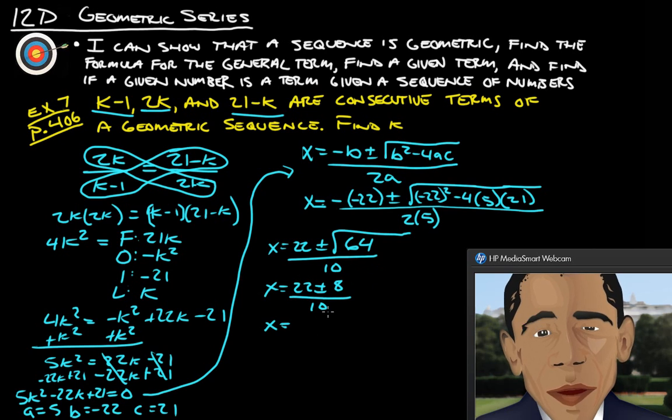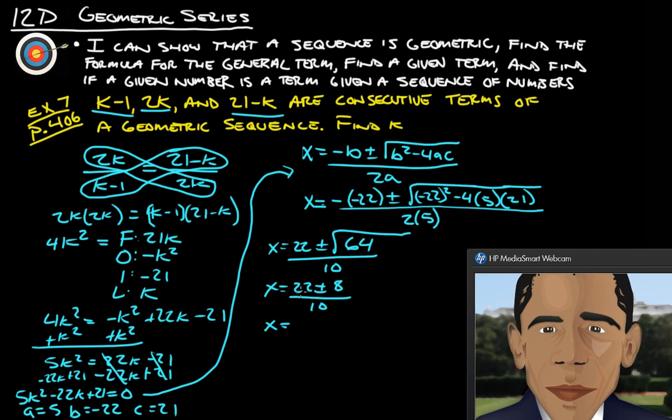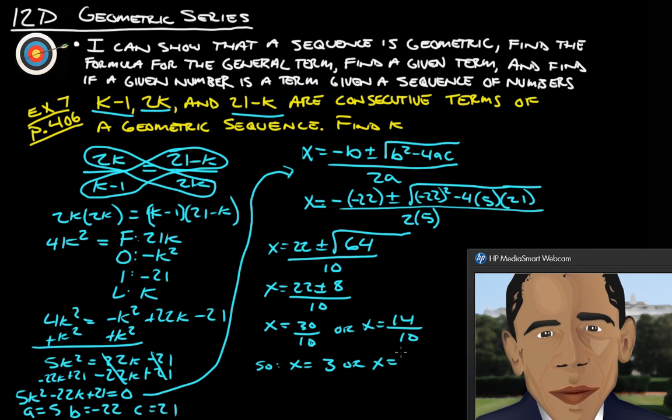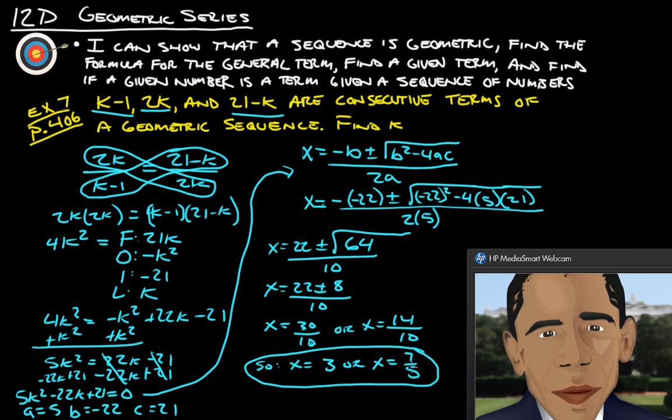So x is going to equal 22 plus 8, which is 30 over 10, that's 3, or x equals 22 minus 8, which is 14 over 10, that's 7/5. So k could equal either one of those numbers.